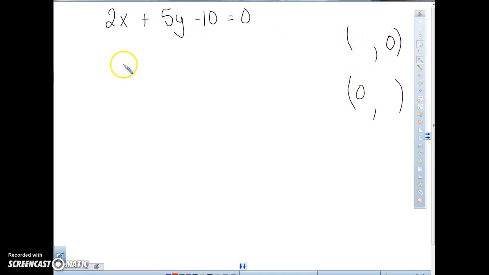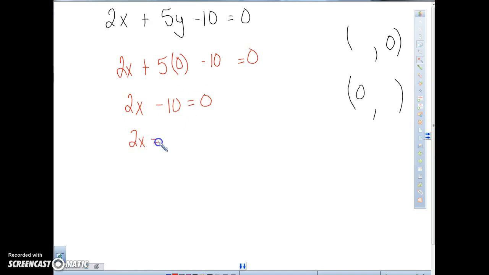So we plug in 0 for y, so you have 2x, 5 times 0. Some of you will skip that step, and I'm okay with that, where you can plug it in your head because you know that 5 times 0 is going to be 0. So you have 2x minus 10 equals 0. Add that 10 over. 2x equals 10. X equals 5.